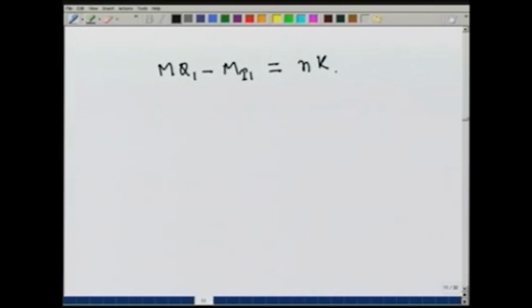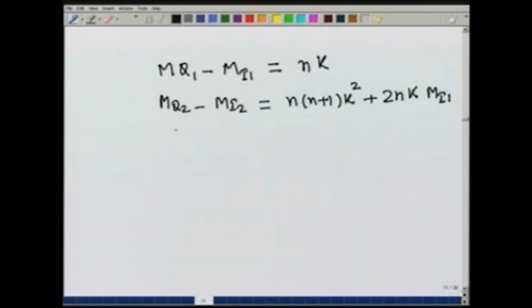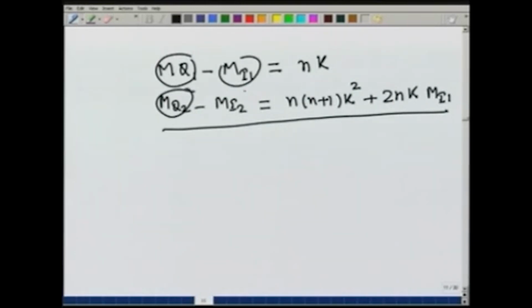The second equation, the second moment, difference mq2 minus mi2, can be correlated with the second moment of IUH, which is nn plus 1 k square, plus the ERH first moment, like this. So, if we have known values for these 4 moments, and this mi1 of course will be used here also.